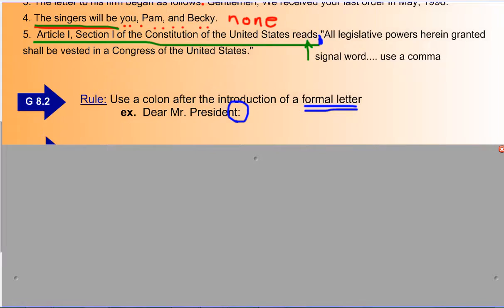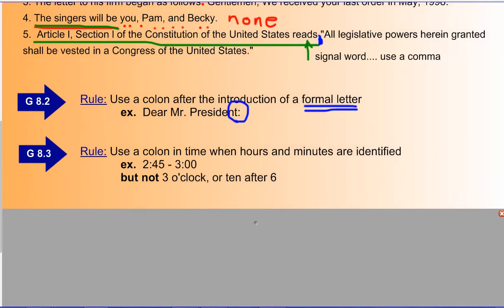This also might be something like if you are writing your application for college and you are writing to the application committee and saying, hey, I'd really like a scholarship. So you might say, "Dear Scholarship Application Committee: I really would like your money." And the last one that you're probably pretty familiar with, we're going to use a colon in time when we have hours and minutes. So 2:45 and 3:00.